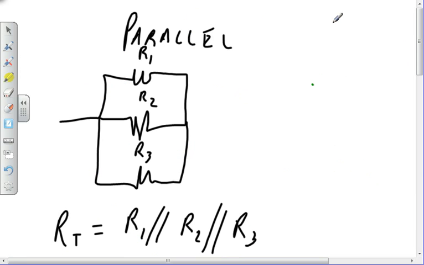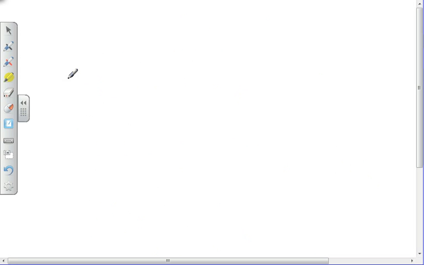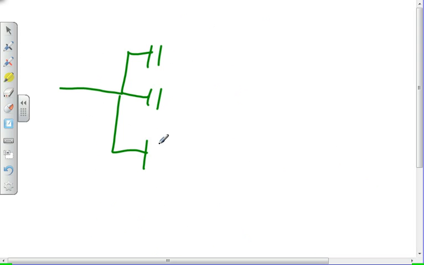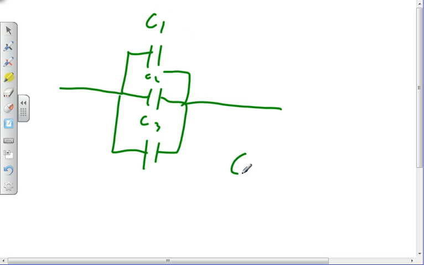Okay, well now, if I'm parallel and I have capacitance, C1, C2, C3, then my total capacitance is going to add C1 plus C2 plus C3.